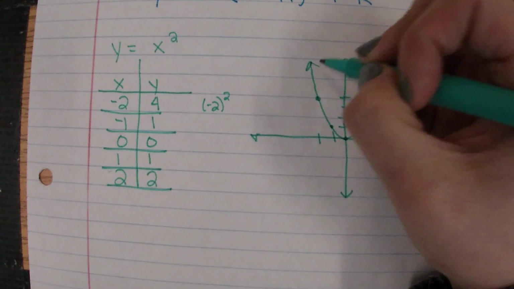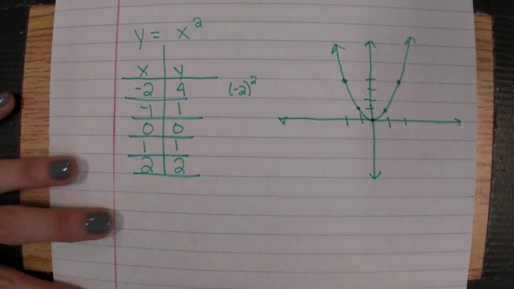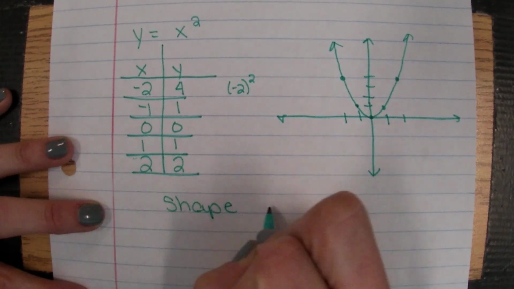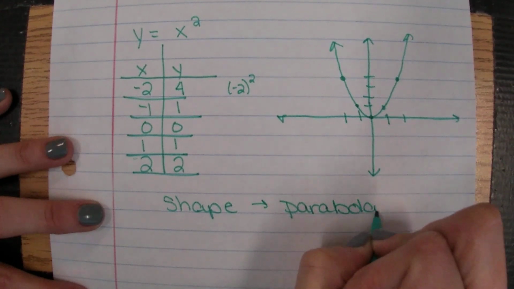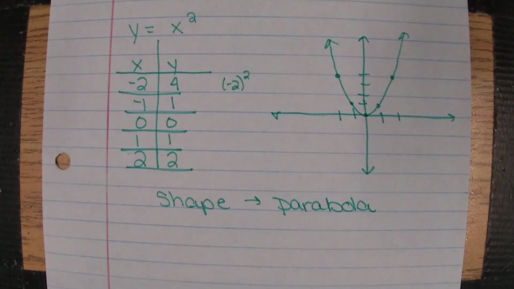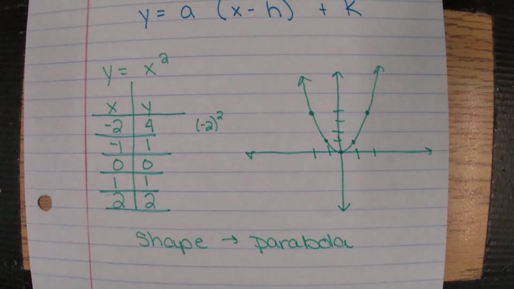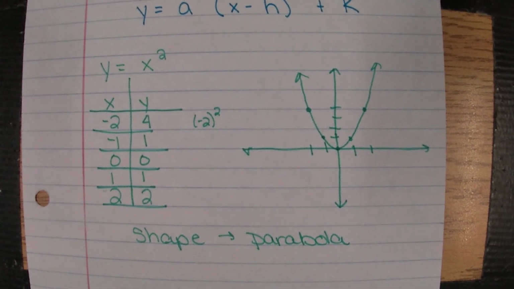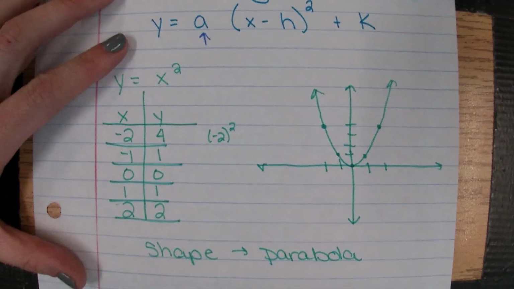So every quadratic we're looking at makes this U-shaped graph that we call a parabola. Okay, so when we're graphing these, the shape is always going to be a parabola. Okay, and that parabola can either open up and look like a U, or it can open down and sort of look like a hill. Okay, so the letter a is going to determine if this parabola opens up or down.